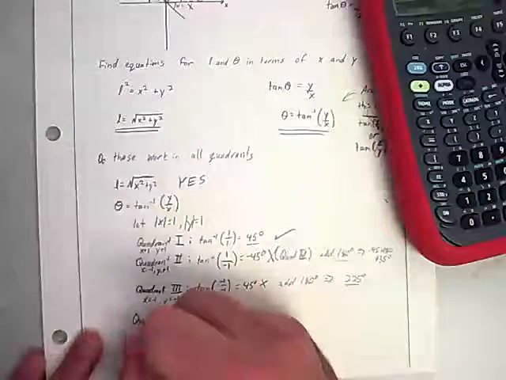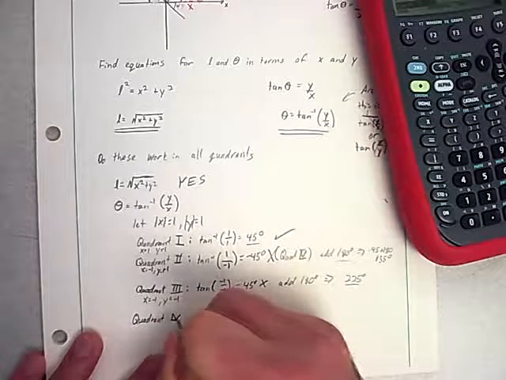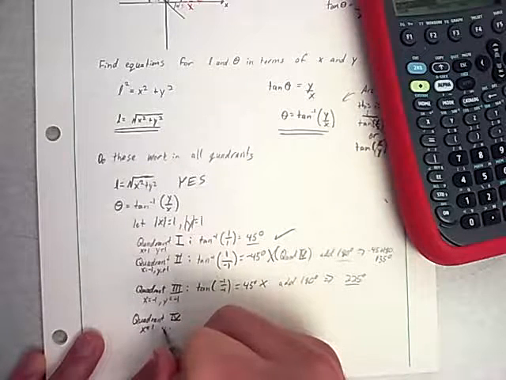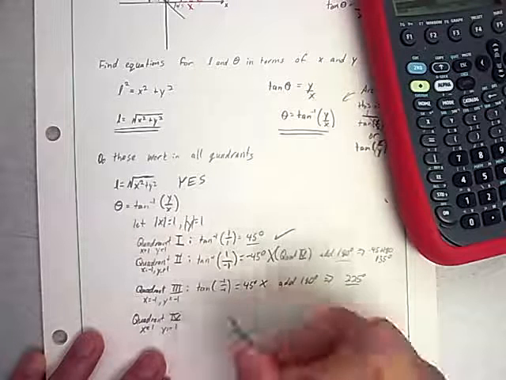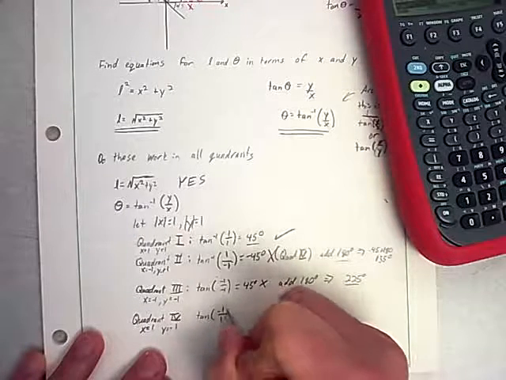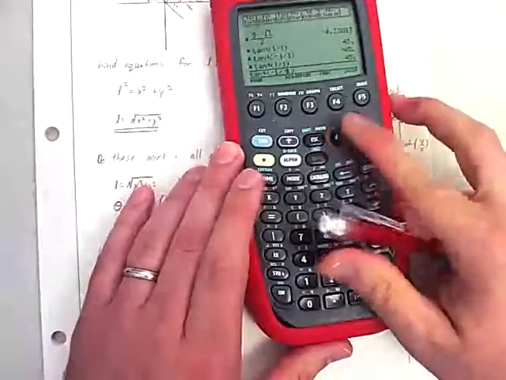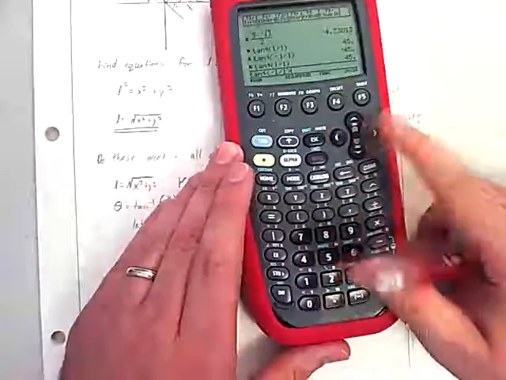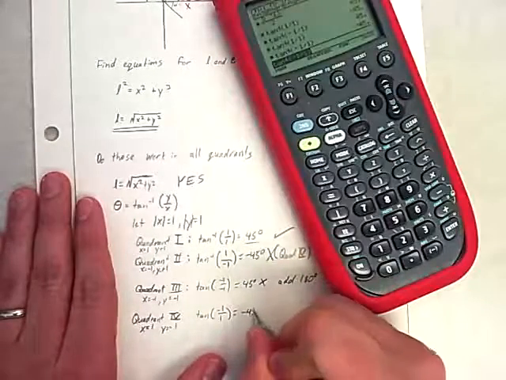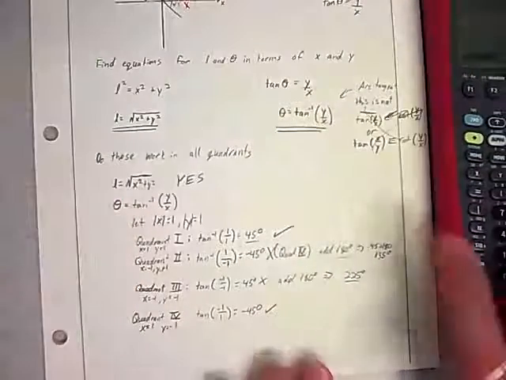Quadrant 4, x is going to be +1, y is going to be -1. So we have tangent of -1 over +1. You already know what kind of happens with that. Negative on top, positive on bottom. We get -45 degrees, which is in quadrant 4. So that's good.